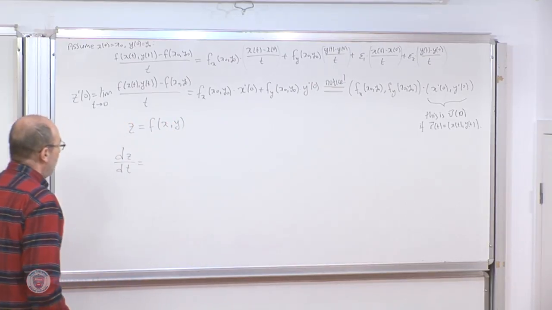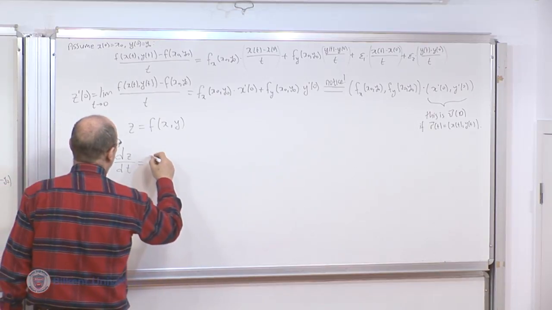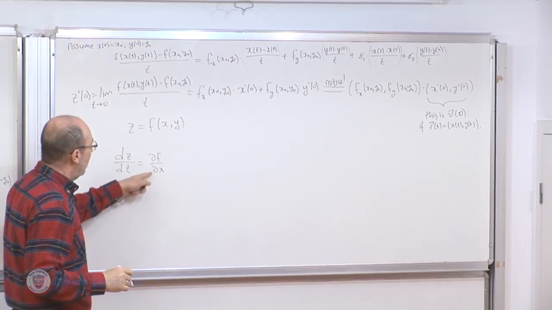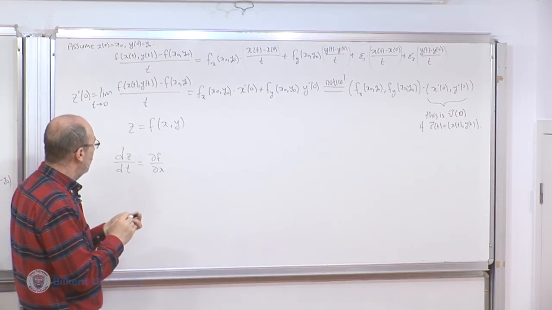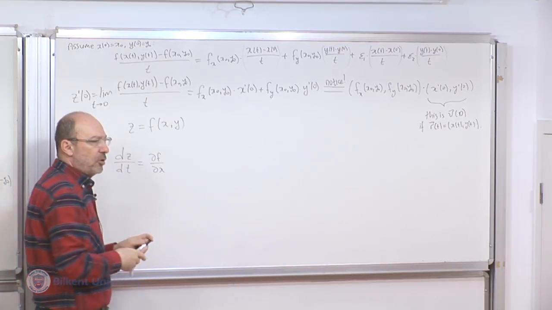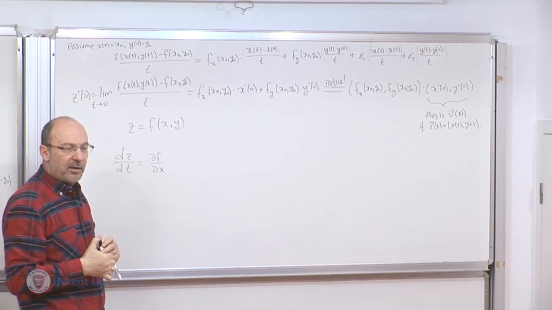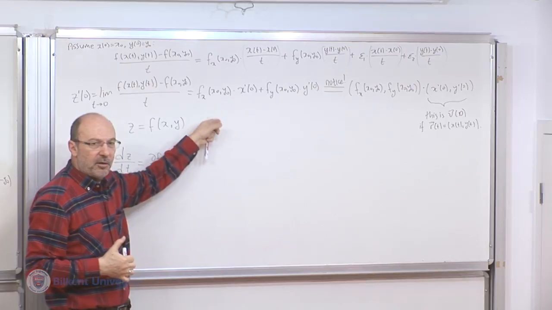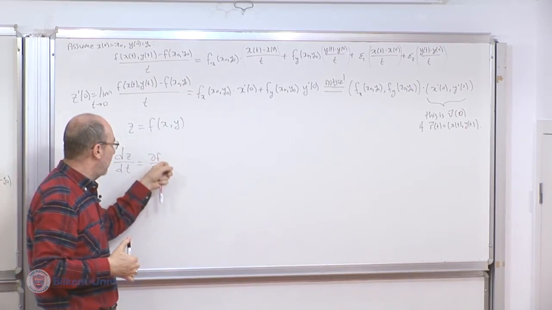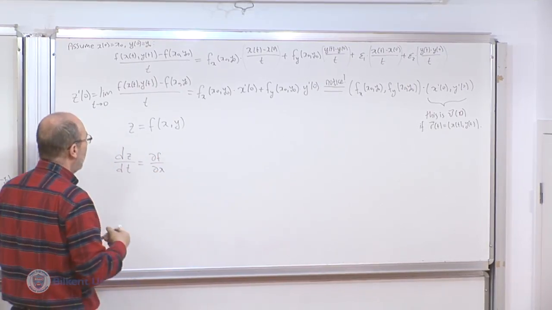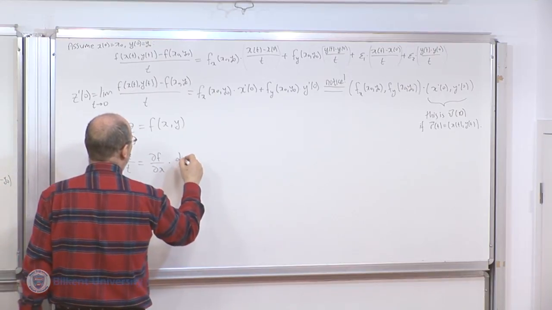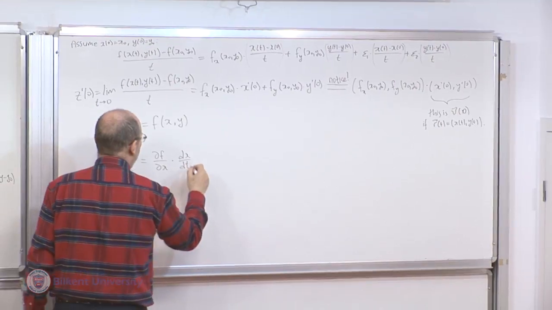Okay, so this is now partial derivative of f with respect to x. Okay, so when you are taking this derivative, you write this without considering the dependence of x on t. Okay, f of x, y is a formula. You take the derivative of this with respect to x. That comes here. Okay, and then you multiply it with the derivative of x with respect to t. Derivative of x with respect to t.